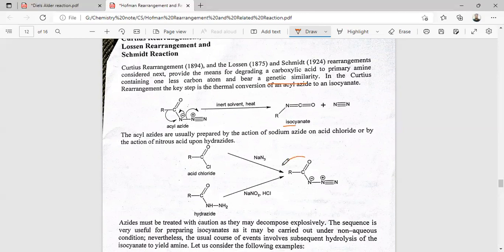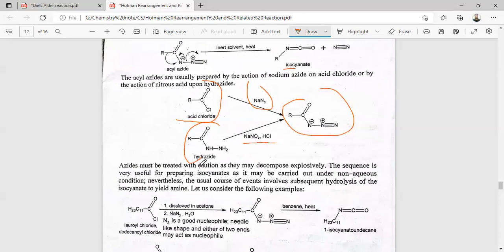So this acyl azide is formed upon the reaction of the acid chloride with sodium azide, or this hydrazide reacts with NaNO2, HCl to form this acyl azide. Azides must be treated with caution as they are explosive. The sequence is very useful for preparing isocyanates, which may be carried out under non-aqueous conditions.